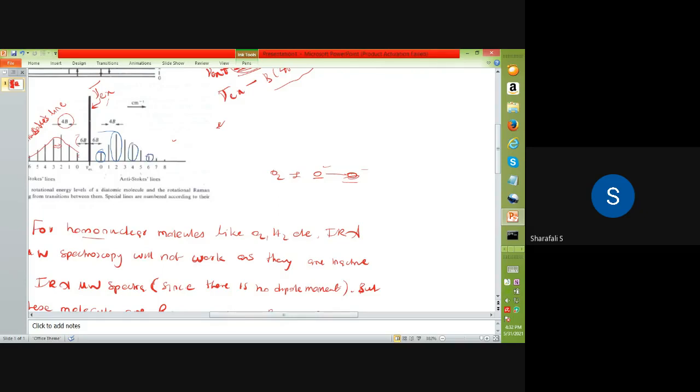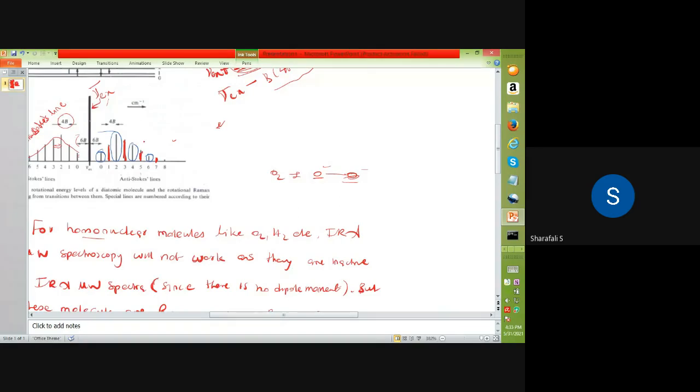Only the odd J values will be present. That is the case for a molecule with nuclear spin 0.